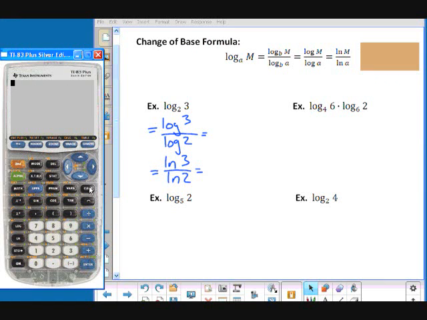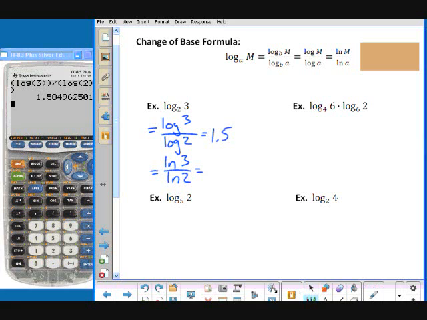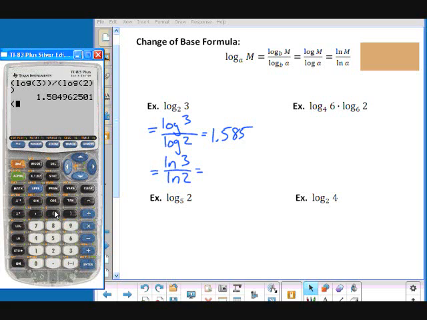So this one, again, common log of 3 divided by the common log of 2 gives me 1.585. If I do the same thing with the natural log instead, natural log of 3 divided by the natural log of 2.